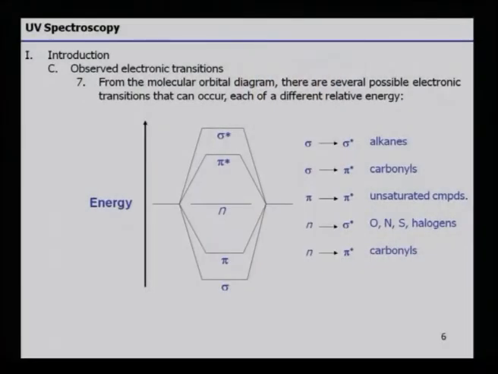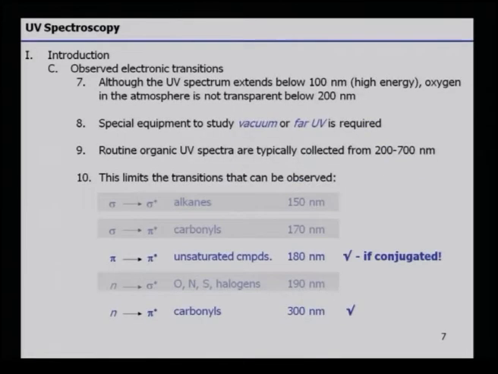If we look at pi to pi star transitions, it means that it has levels of unsaturation. Then n to sigma star could consist of oxygen, nitrogen, sulfur or halogens, and n to pi star again represents the possibility of carbonyls.